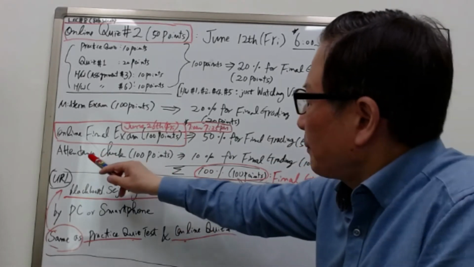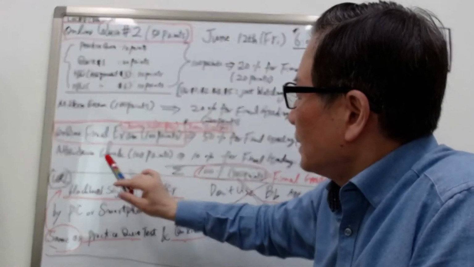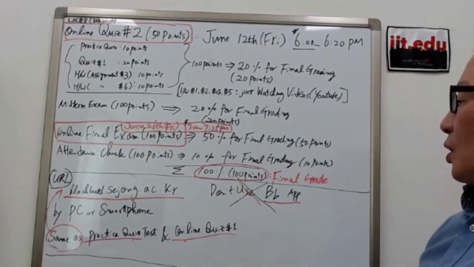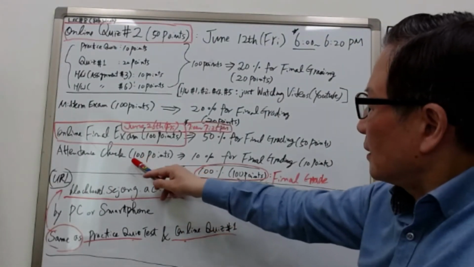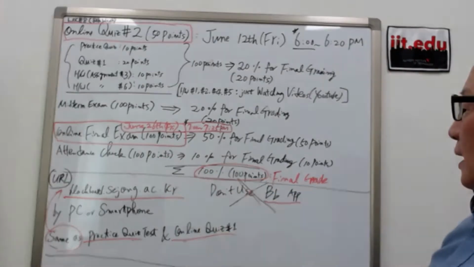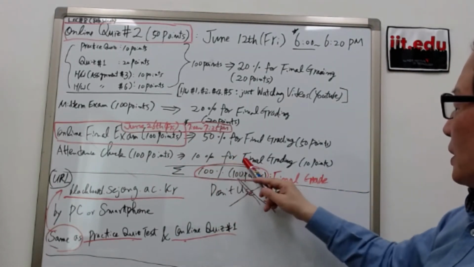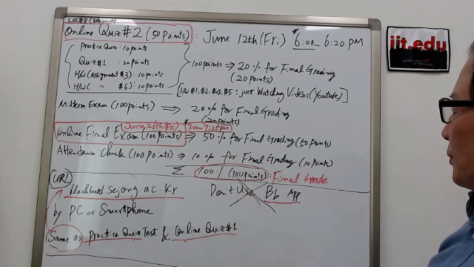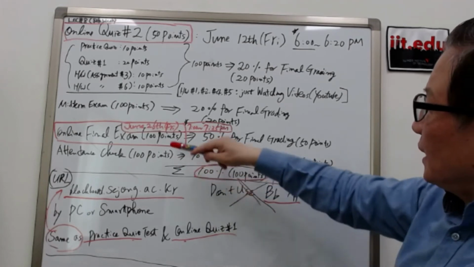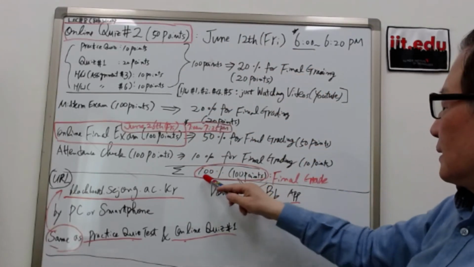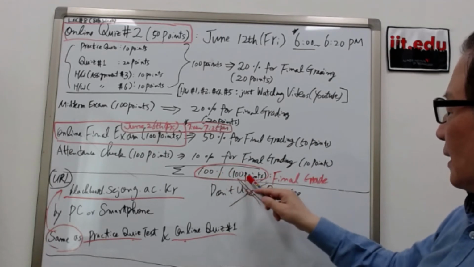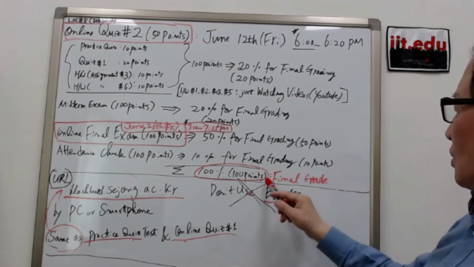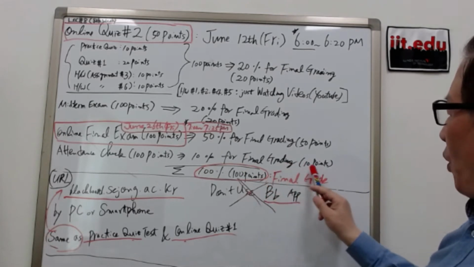And finally, after completion of this semester, the attendance check will show your result, and that will be 100 points. And that will be 10% for the final grading. That means that will be converted to 10 points for the final grading. Thus, if we sum up together, then that will be 100%, and in terms of points, that will be 100. And that will be the points for the final grading.